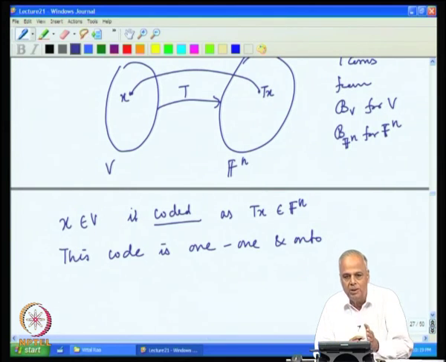All the statements in V can now be translated to the statements of F^n by translating every vector x to its corresponding code in F^n. Now, this translation is actually transliteration, because every word gets translated to a unique meaning, every vector gets translated to a unique meaning in F^n.